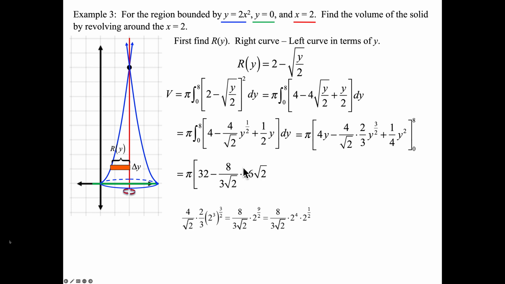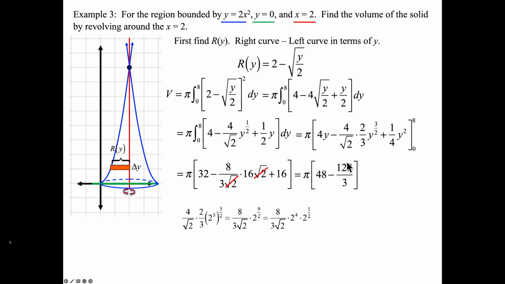And so my 8 times 2 to the 4th, which is 16, is going to become, let's see, 128 over 3. And then finally, 8 squared is 64 times a 4th. That's this plus 16. So 32 plus 16, that's going to be 48.